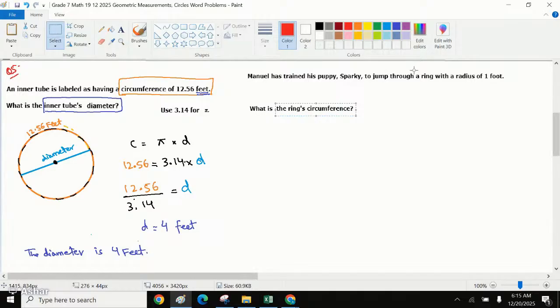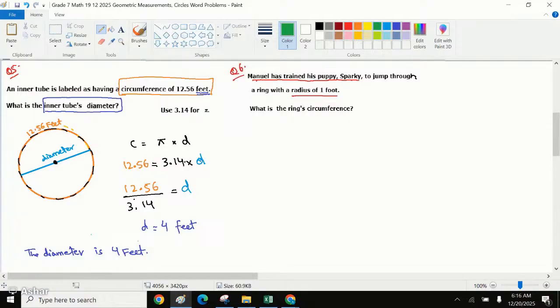Through a ring with a radius of 1 foot. The question says Manuel has trained his puppy Sparky to jump through a ring with a radius of 1 foot. This is question number 6.